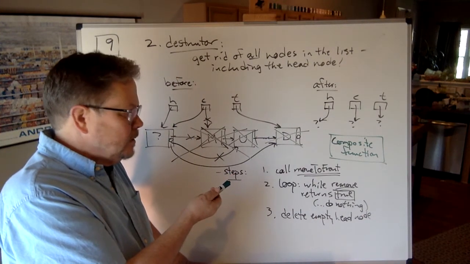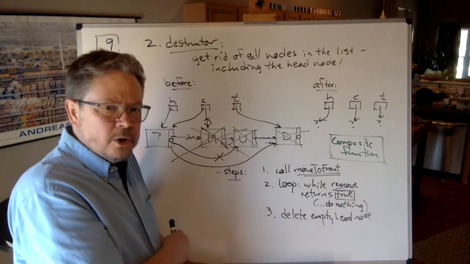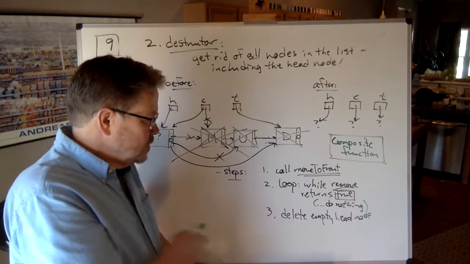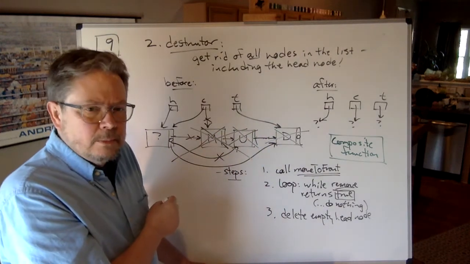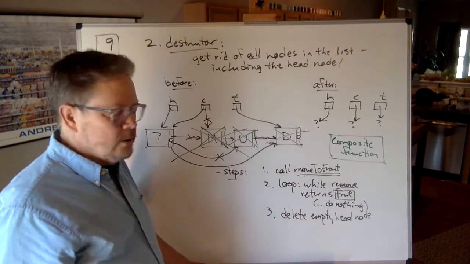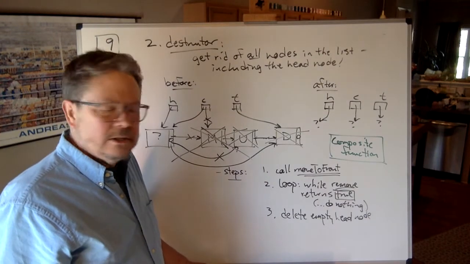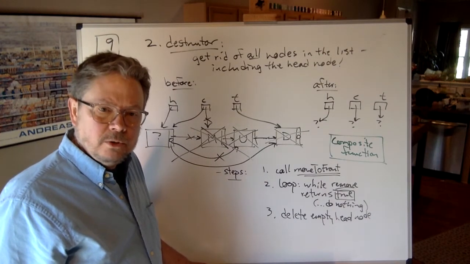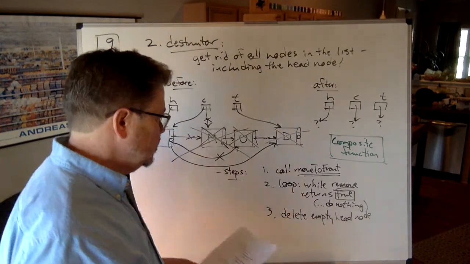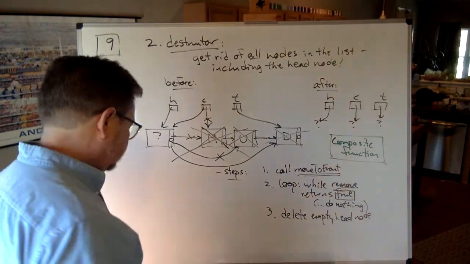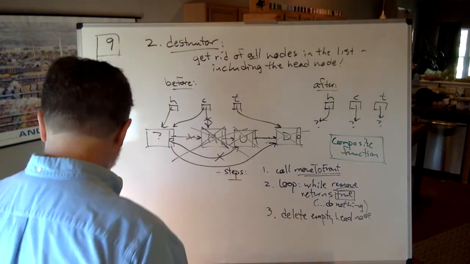While remove keeps returning true, just keep going, and one at a time it knocks off all the nodes. Instead of coming up with some complicated algorithm to delete the nodes in a particular order, we just use functions we already got. And that's a composite function, where you take advantage of things that you've already done to simplify doing things that you have to do next. I've used up the whole board, and that's the destructor.